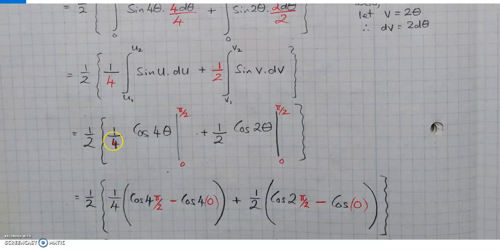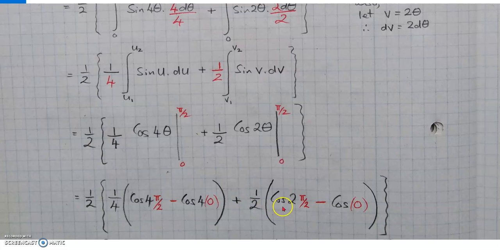Now that quarter is going to multiply everything you have inside these brackets when you substitute in this limit here. So you're going to be saying the cos of 4 pi over 2, and don't forget all of that is an angle, minus the cosine of 4, substituting in this limit for the theta there.